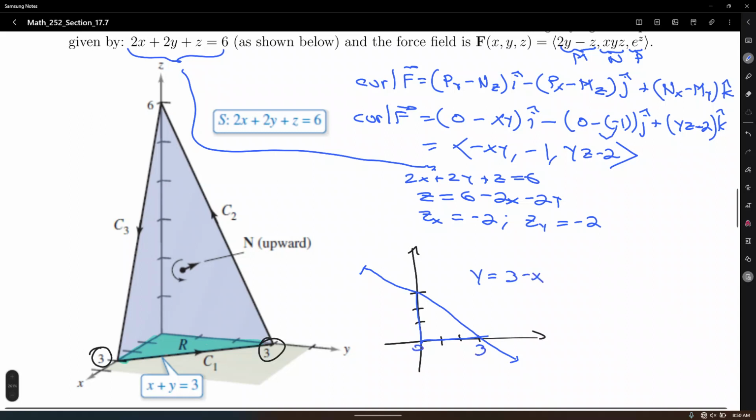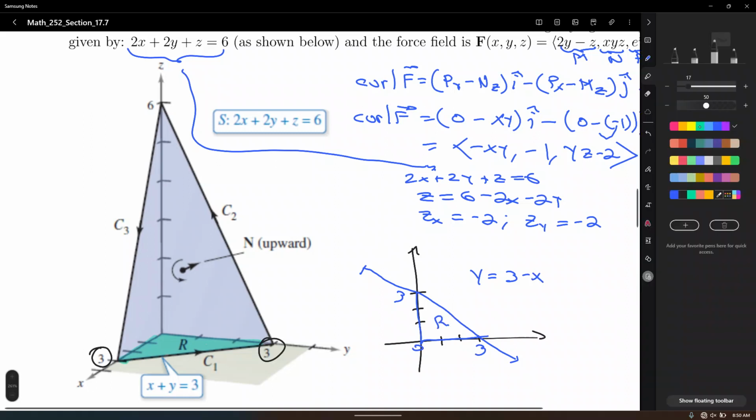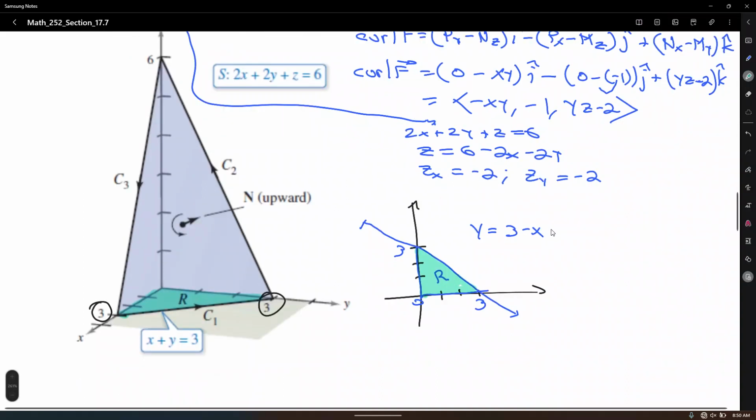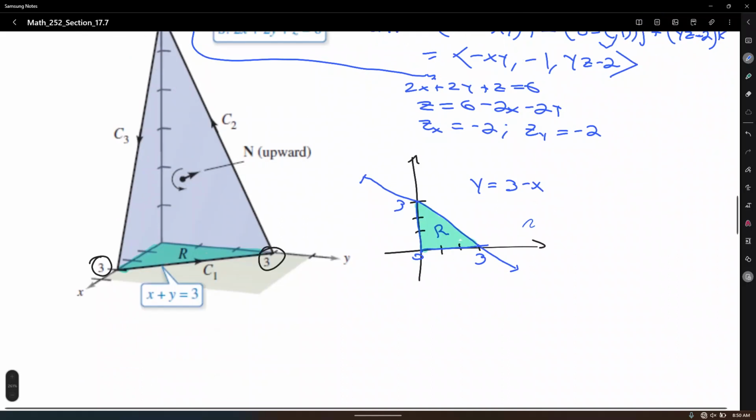That's 0, that's 3, that's 3. That's R. Let's keep shading this. So when we set up the double integral to find the total circulation, we will need to iterate using this planar region R. Okay, let's get ready here. We have everything we need. So, the line integral.